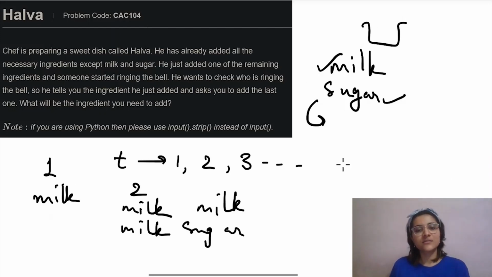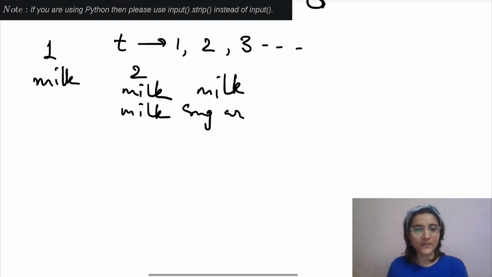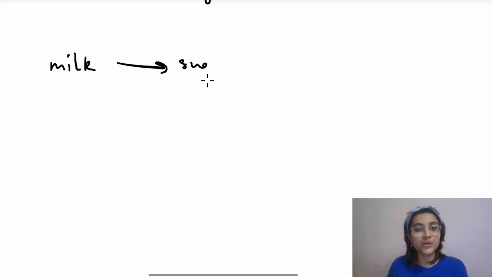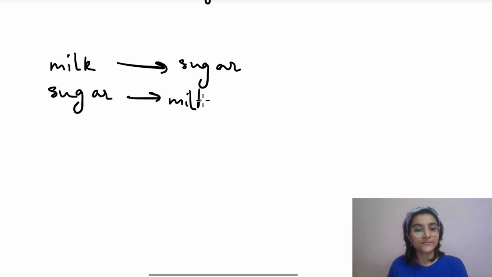Anyway, the solution to this problem is pretty simple. You just have to check if the string that is given to you reads milk. If it does read milk, then you have to output sugar, and a new line, and that's about it for your solution. If the line that you've read reads sugar, then you have to output milk.